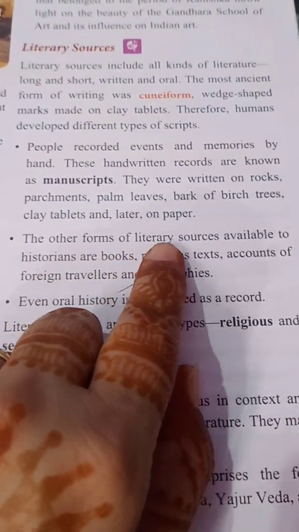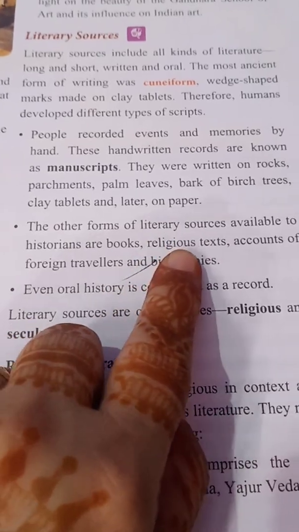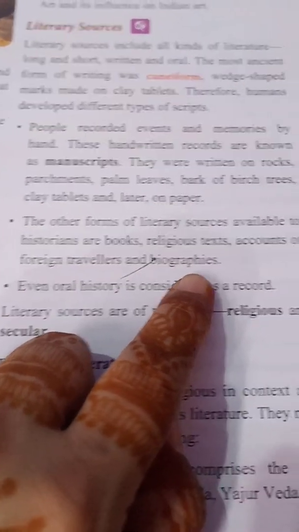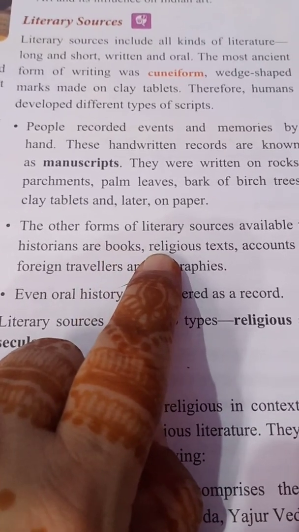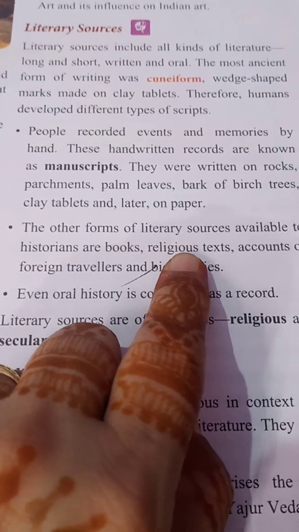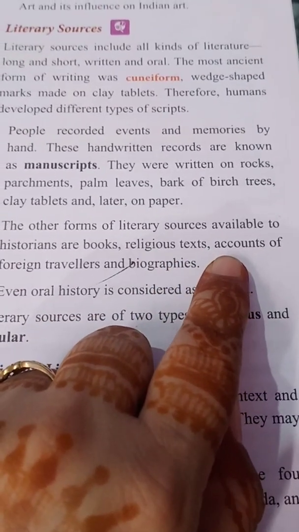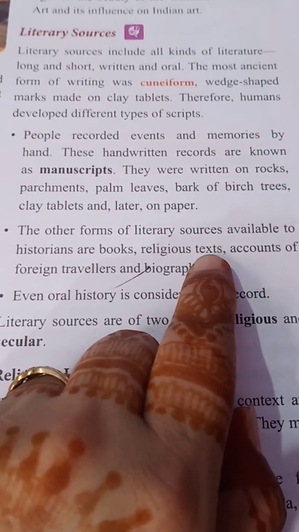The other forms of literary sources available to historians are books, religious texts, accounts of foreign travelers, and biographies. We all know books, and religious texts, that is, texts related to our religion, like the Bible, Quran or Gita.